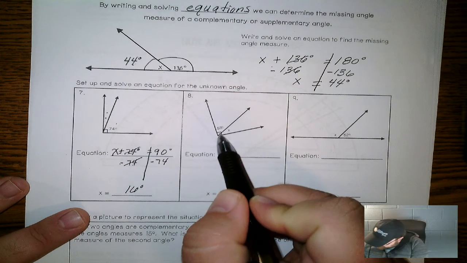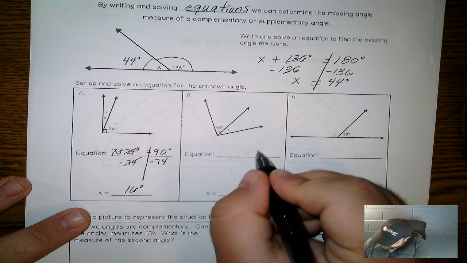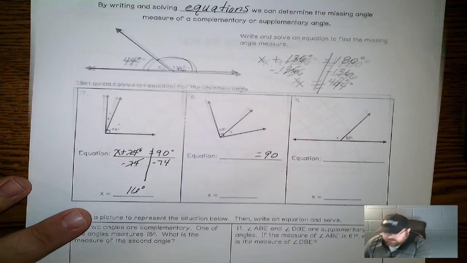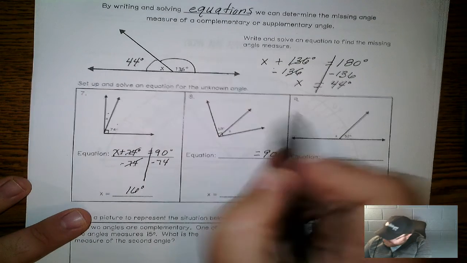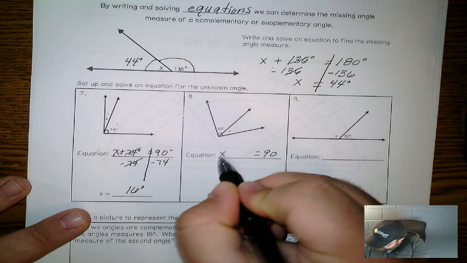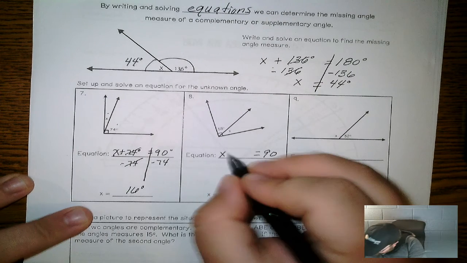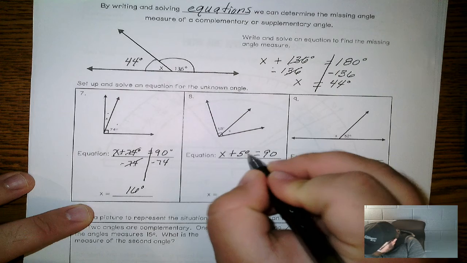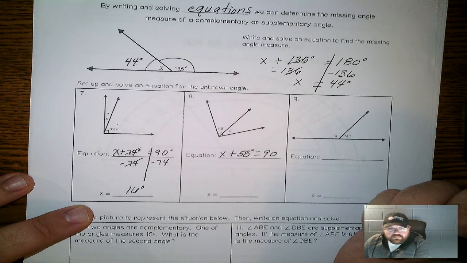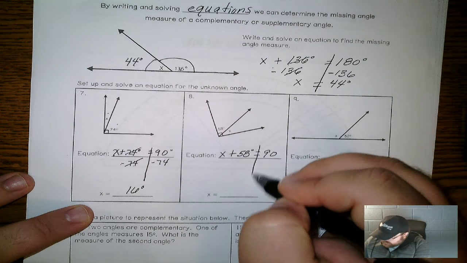Here we have another 90 degree angle, so I know that my equation is going to be equal to 90 degrees. The two angles that are making this up are x and 58 degrees. I draw my line.